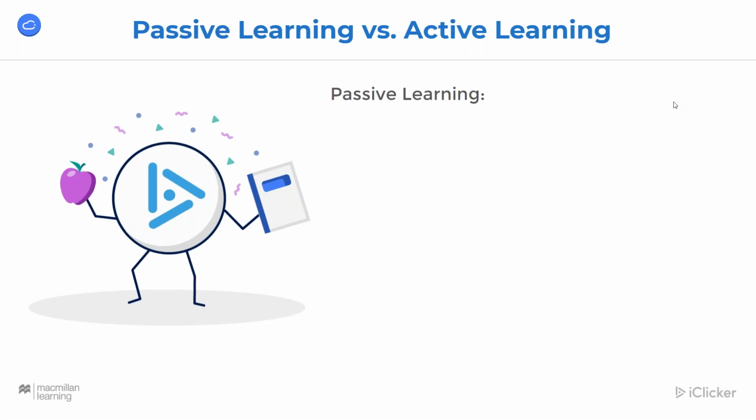So with passive learning, instructors present information, and it's that very stereotypical idea of the instructor at the front of the classroom giving that lecture for 50 minutes, and students sit there and write things down. And it's the old idea of the empty vessel or the dry sponge, where the instructor is pouring instruction and knowledge into these students, and they're going to collect it like a blank slate.